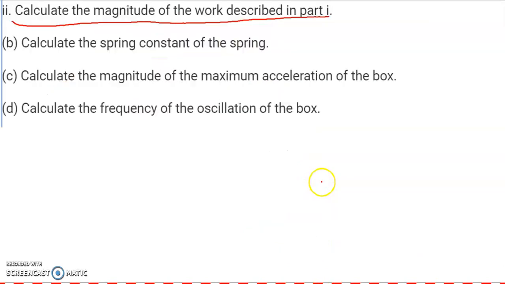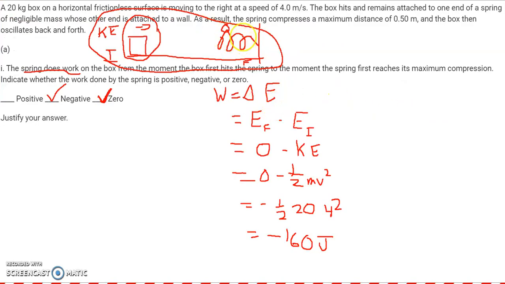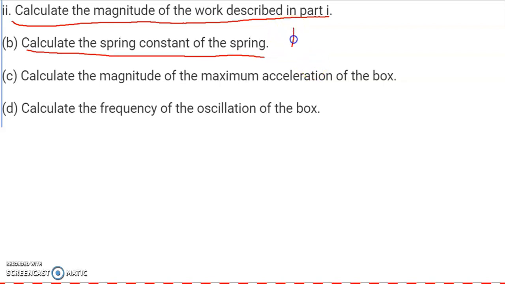Okay. Perfect. Calculate the spring constant of the spring. Okay. So, if we were to include the spring as part of the system, then we know that this kinetic energy is transferred into potential spring energy. So we know that the kinetic energy equals potential spring energy. Kinetic energy we just said was 1/2 mv squared. Potential spring energy is 1/2 kx squared.